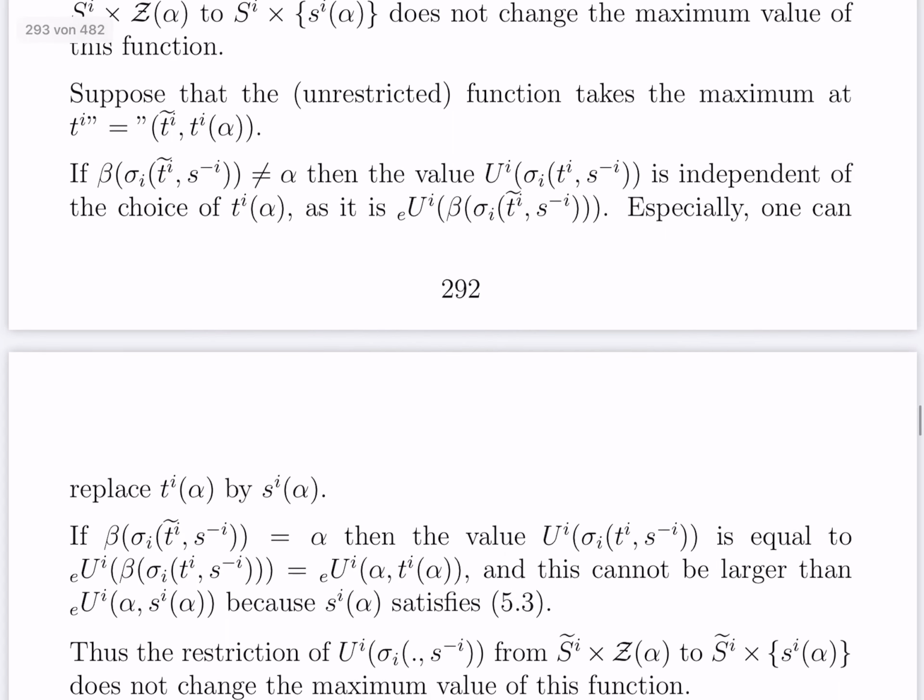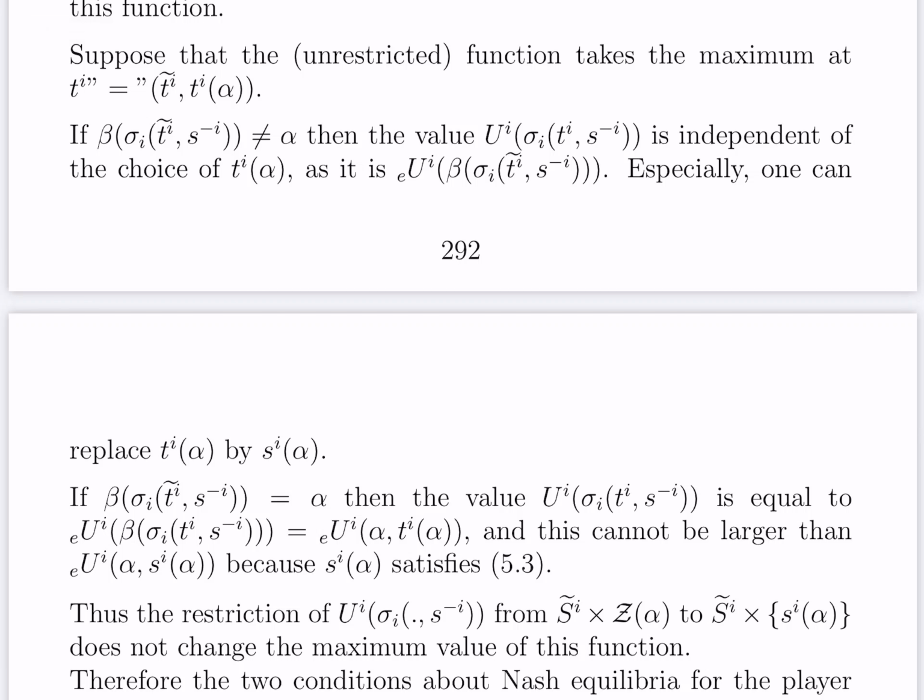So the other case is then if the restricted strategy t tilde i together with the combination of the other players leads to the play alpha. Then the utility value of the full Nash strategy t_i of player i and the combination of the other players is equal to the utility value of the final move t_i of alpha done after alpha for the player i.